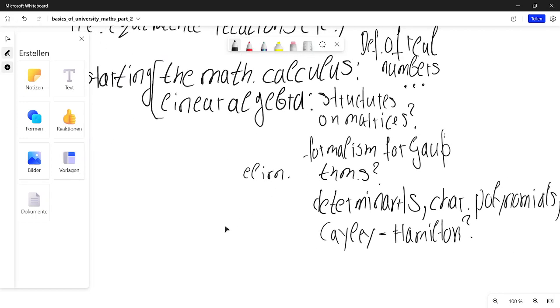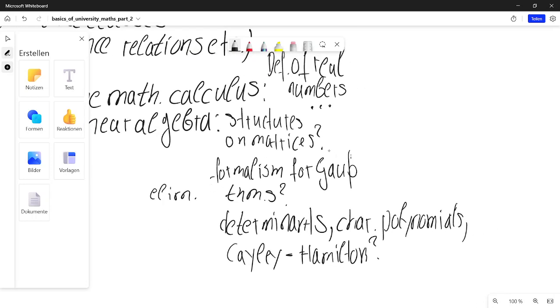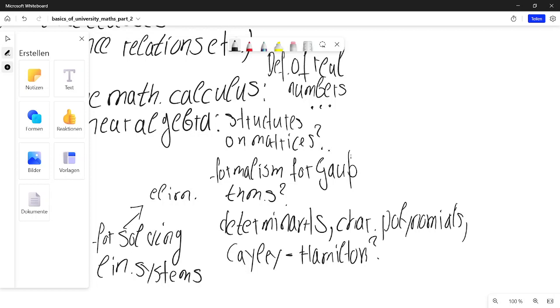Yeah, well, explanation theorems for solving linear systems. And I mean mathematical formalism, not just techniques.